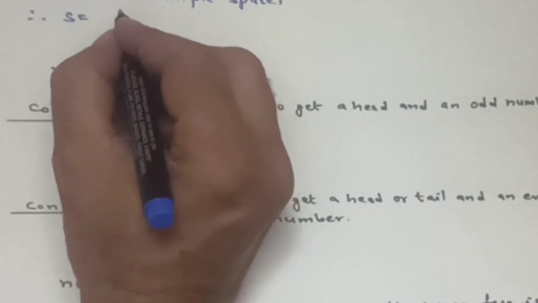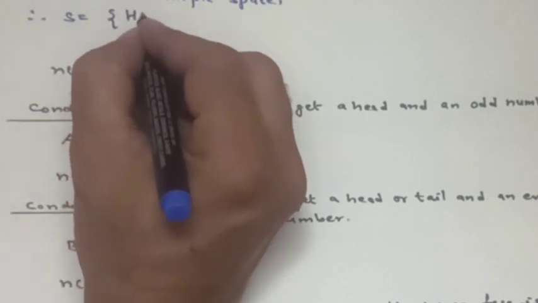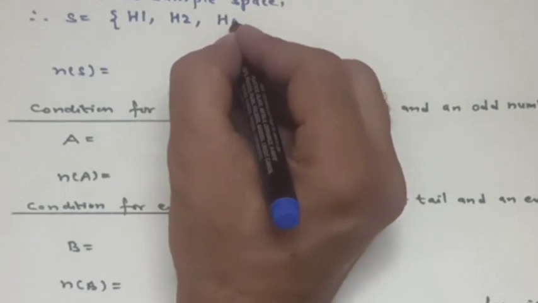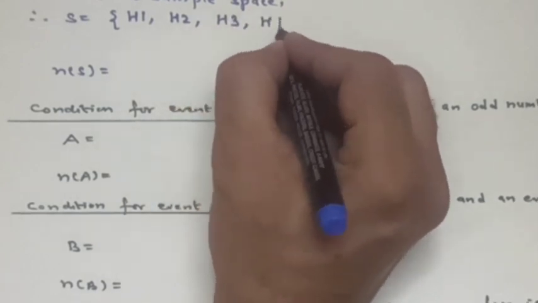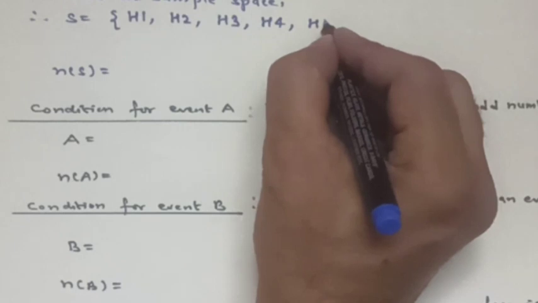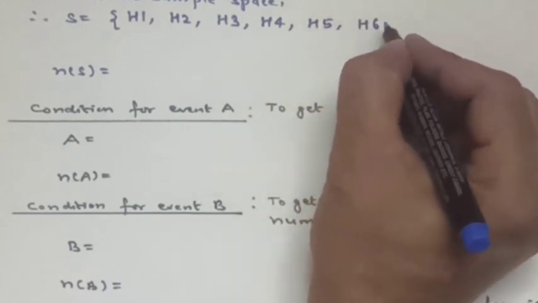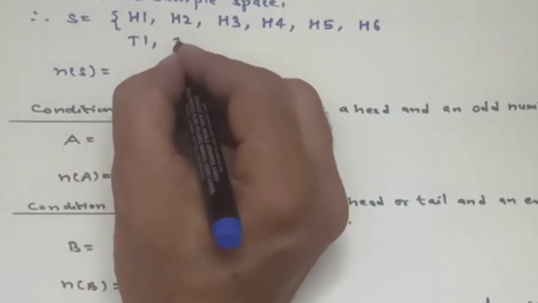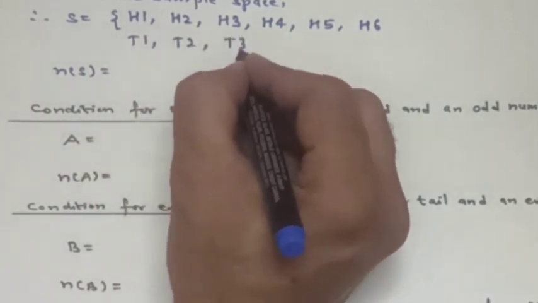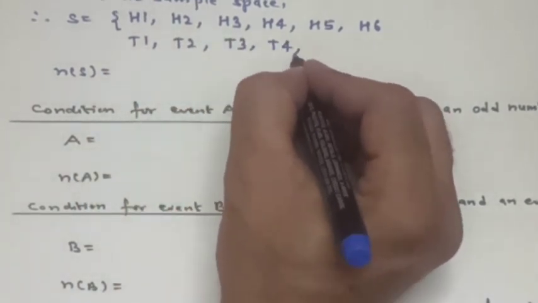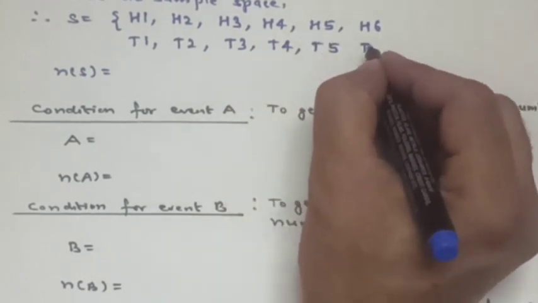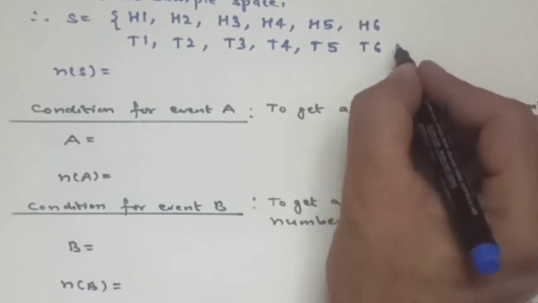H1, H2, H3, H4, H5, H6, you can write in brackets also, and then T1, T2, T3, T4, T5 and T6.